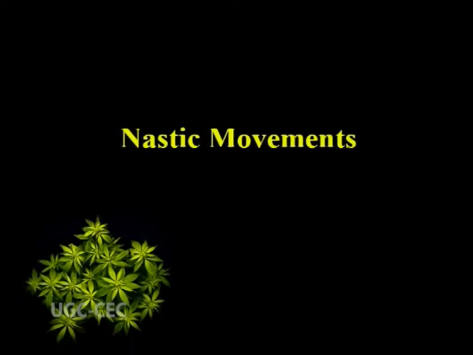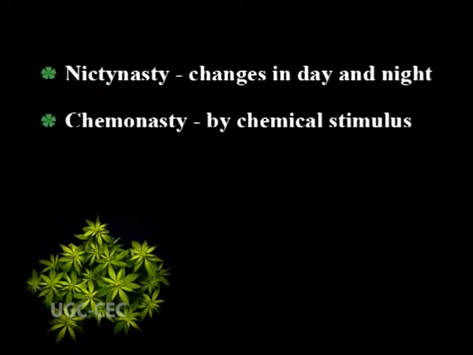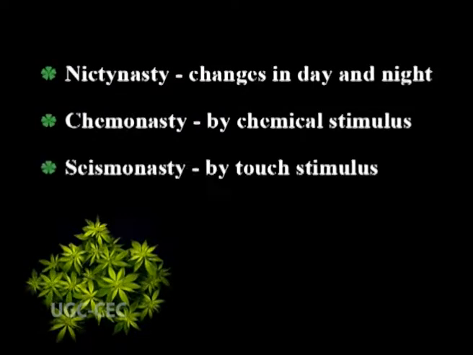Nastic movements. These movements in plants are either due to changes in the turgor of the cells or due to changes in growth. The response is induced by changes in day and night, nyctinasty, by a chemical stimulus, chemonasty, or by a touch stimulus, seismonasty.